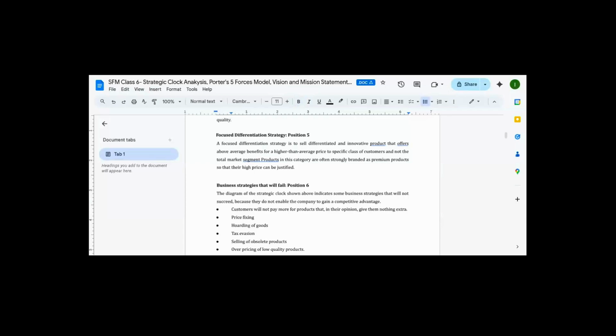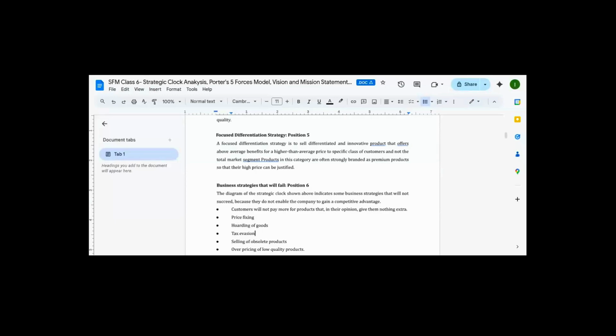This is when two, three, four suppliers come together to fix a price in a way to exploit the customers and frustrate other existing competitors. It is punishable under law, even in Nigeria. Another strategy that fails is hoarding of goods with the aim of creating artificial scarcity and increasing the price, which is punishable under law.